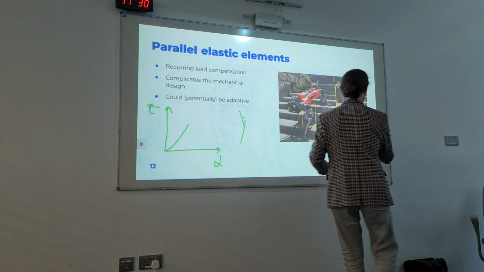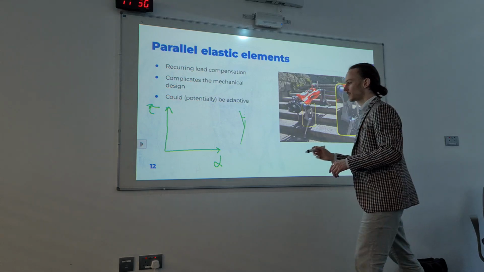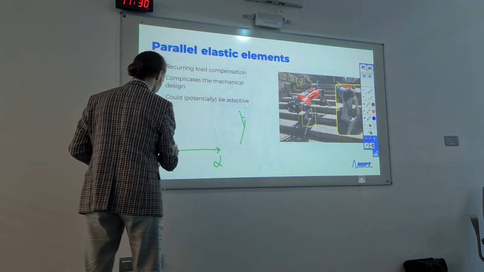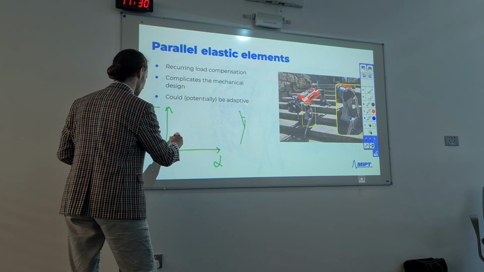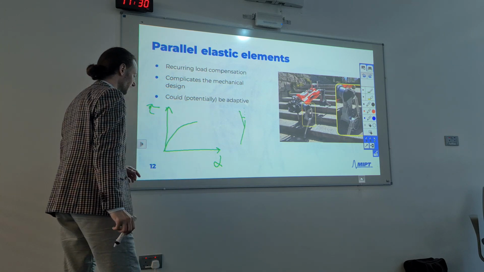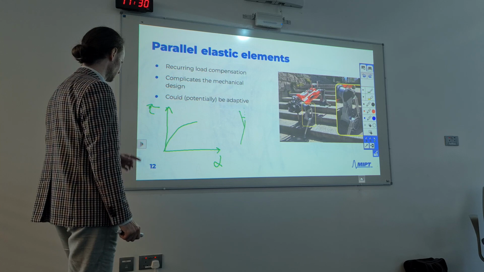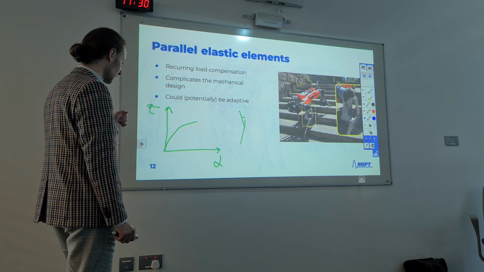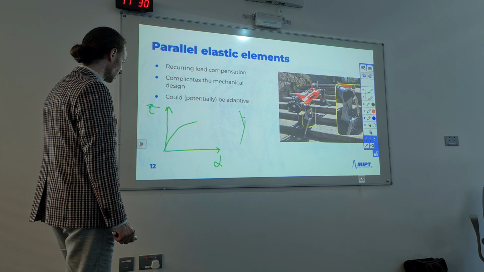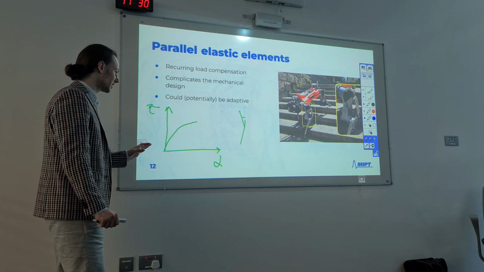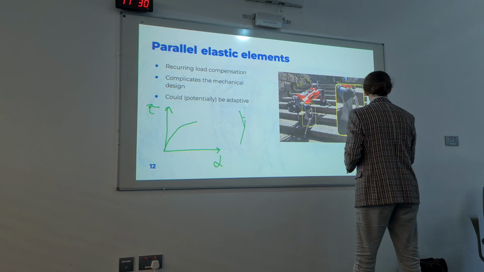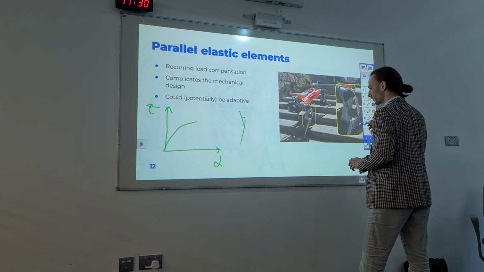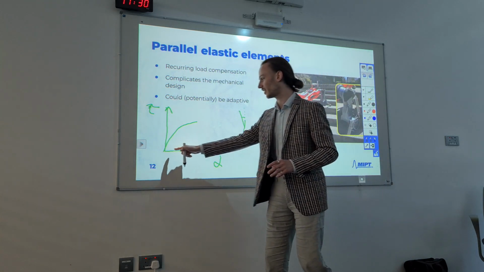It doesn't look like a sine. So it should be something like this, it seems. So we can try to find a spring that will minimize the area under this curve.